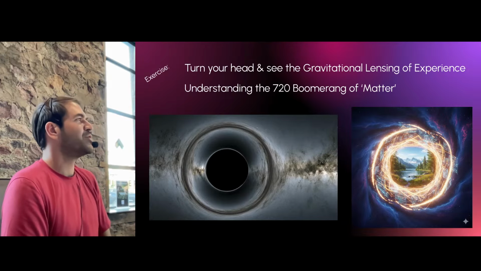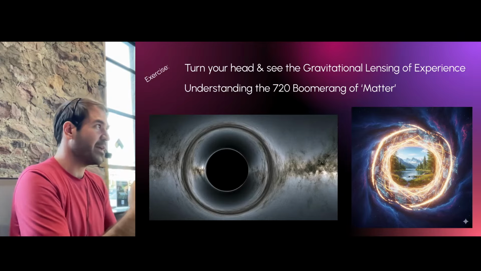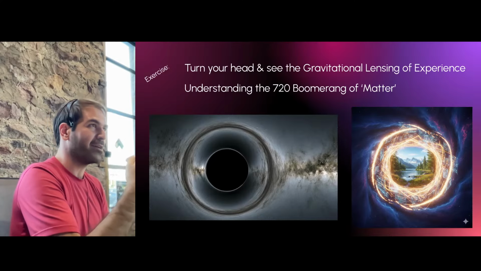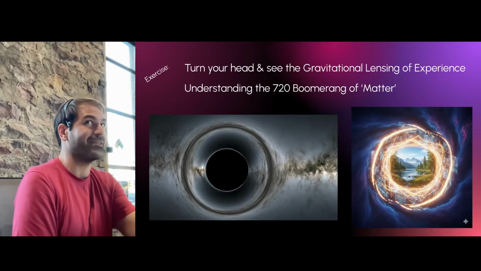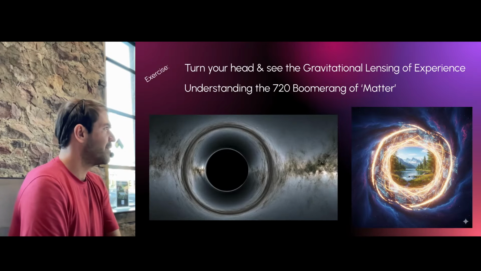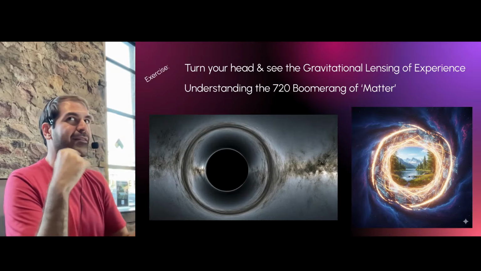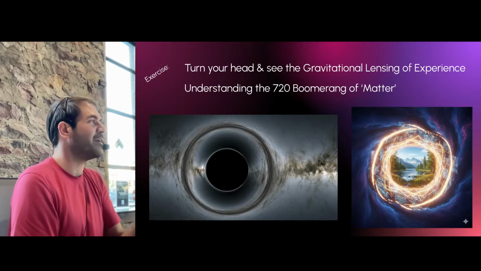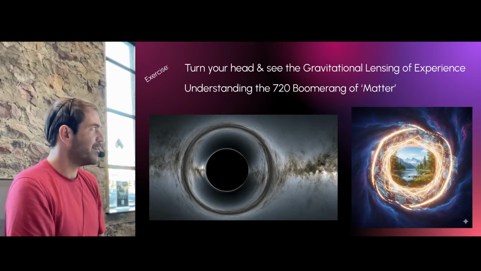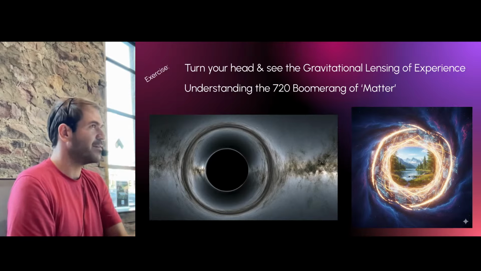Another way to say it is, what you're looking at right now is the image on the left, but what's looking out your eyes is the image on the right. So when I'm looking at you, I see the image on the left, and I know from your direct experience it is the image on the right.